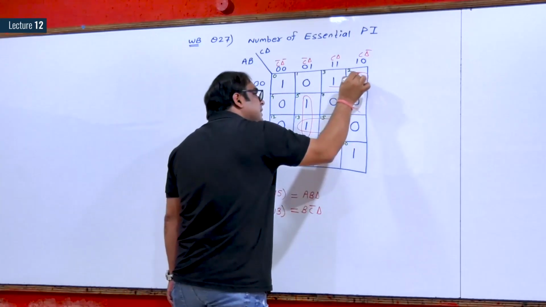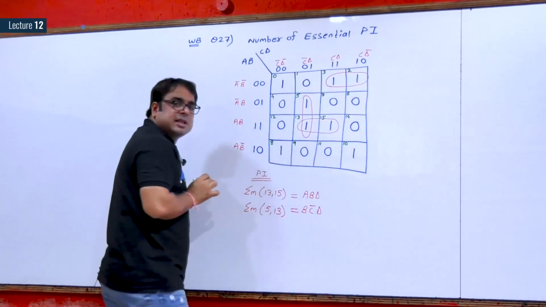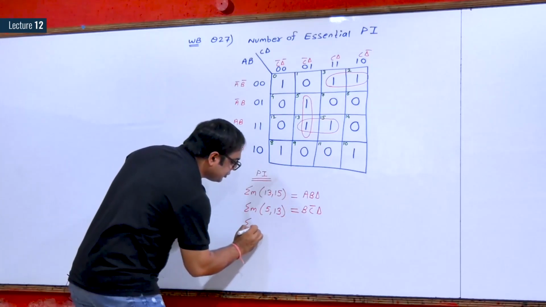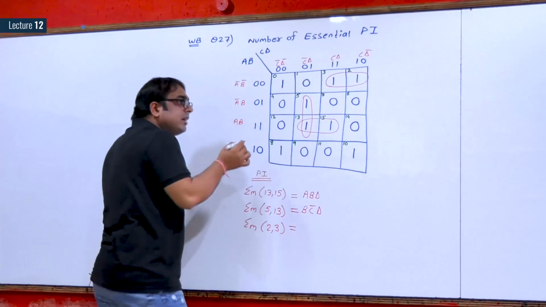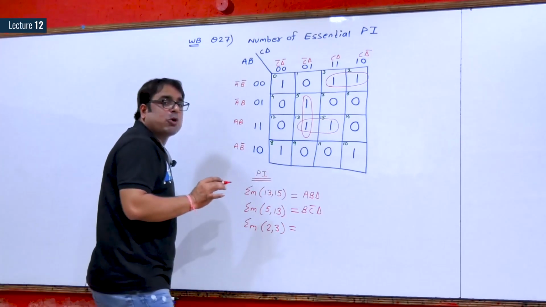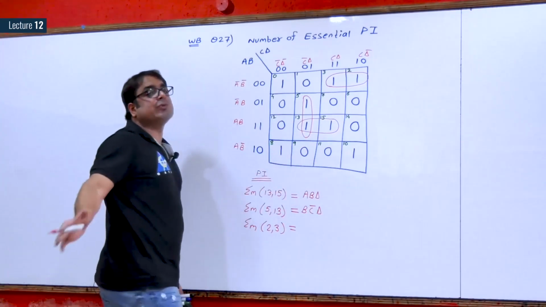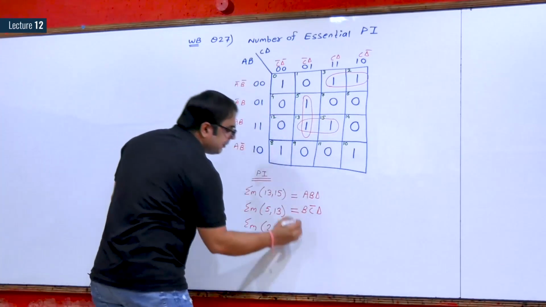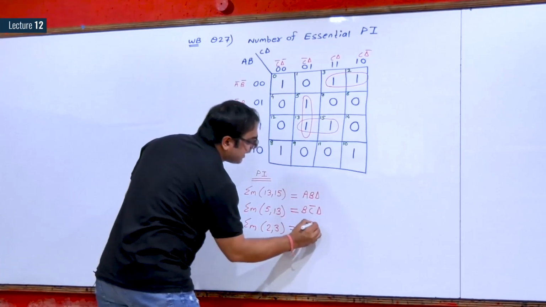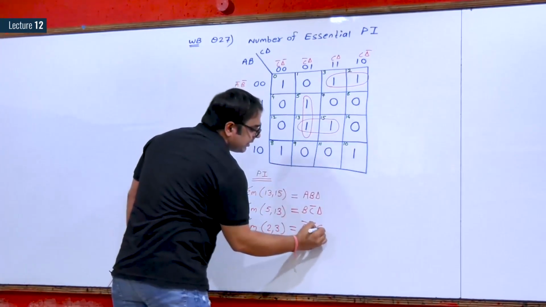Then this pair 3, 2, summation M 2, 3. All these are best possible groups because none of these pairs is a part of a quad, so as pairs they are best. A complement B complement is common from this side, then C is common from this side.